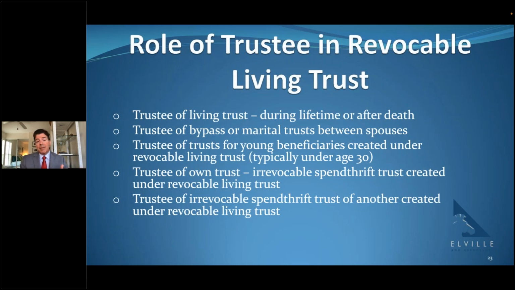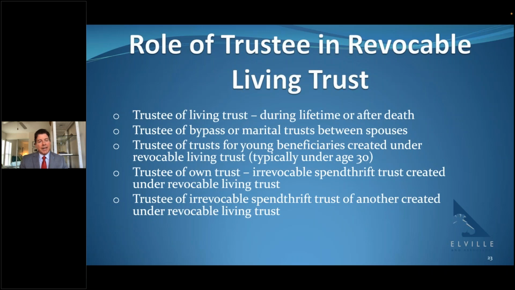We either have a non-marital or marital trust, same as a will, trust for young beneficiaries, same as a will, and the same types of irrevocable spendthrift trusts. Now, if you're a single person, there's not going to be a bypass or non-marital trust and a marital trust because you're not a married person. So it's simply not going to exist for those of you who are not married.